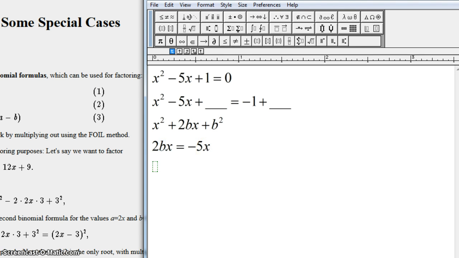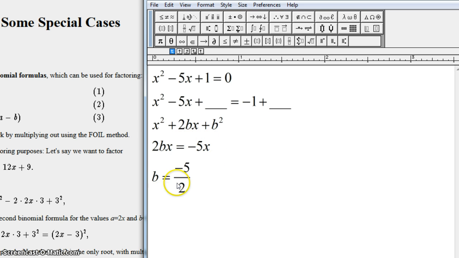So divide both sides by 2, bx equals negative 5 over 2 x. And if you divide by x on both sides, the x goes away, and you're left with b is negative 5/2, right?